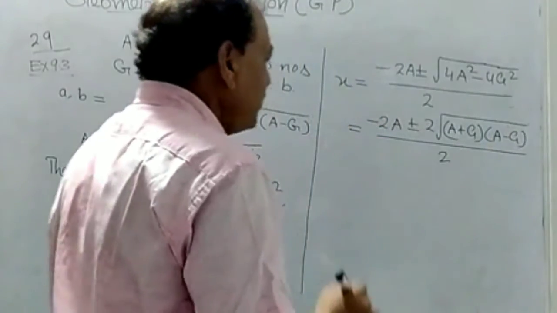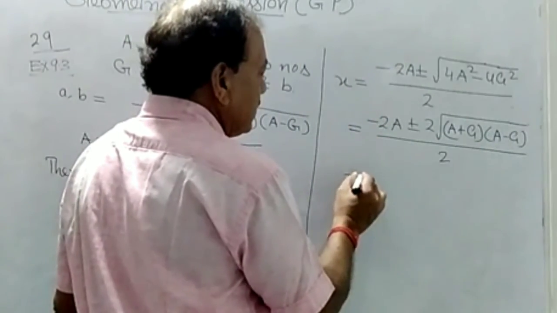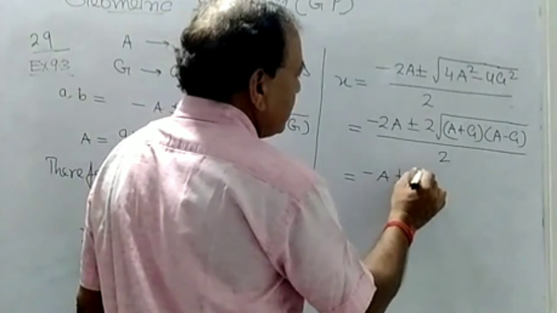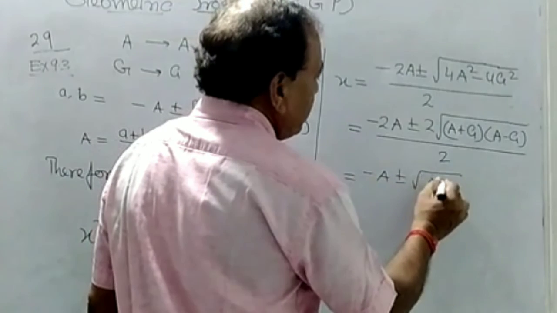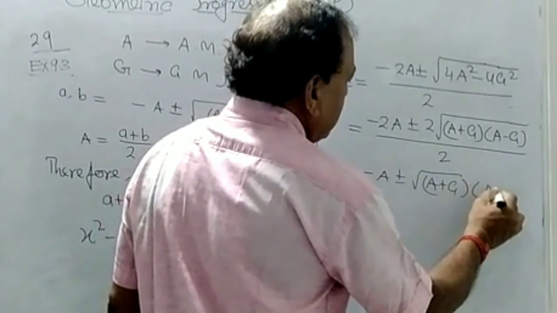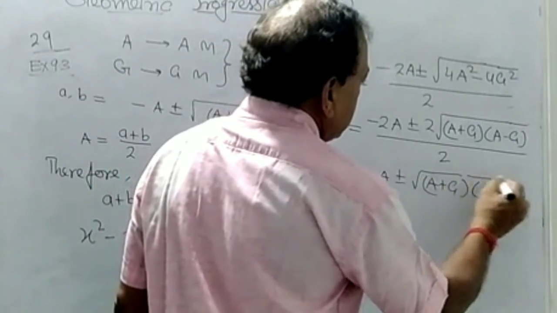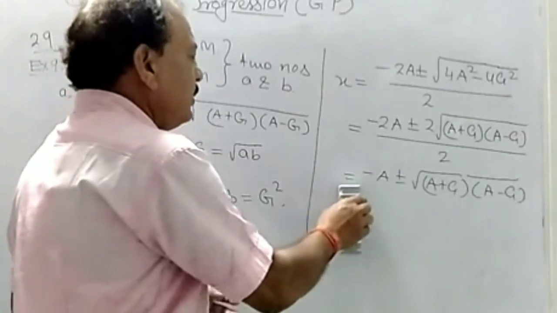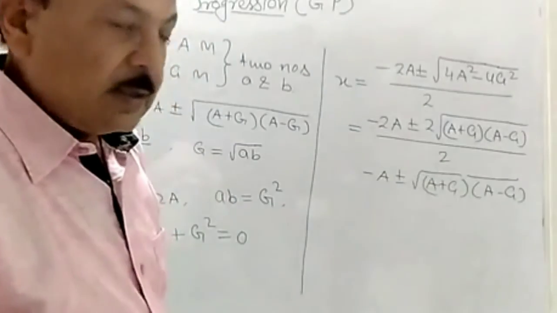We take 2 as common and the 2s cancel, so we get A plus or minus under root A plus G and A minus G. Now we get this.